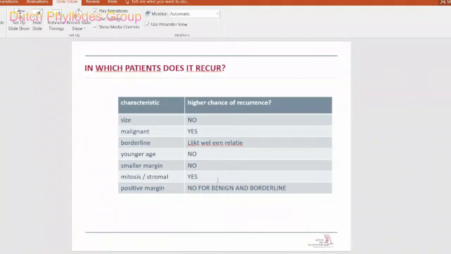We do know that elements like mitosis and stromal cellularity are of influence, but more importantly, even if you have a positive margin, so the margin of the resection specimen is involved with phyllodes cells, that does not increase chances of recurrence for the benign and the borderline phyllodes tumor in the most recent study. This, of course, should be taken into account when considering the surgical options.